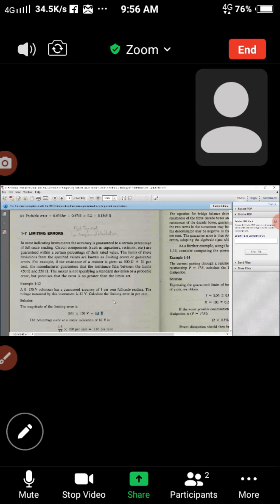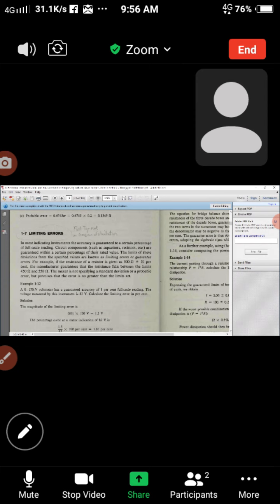If I want to read full scale, then it will be 150 volt with plus or minus 1.5 volt deflection in the accuracy. That is what a limiting error is. 1.5 is the limiting error here, because accuracy is 1% and for the full scale of 150 volt it comes to 1.5 volt.